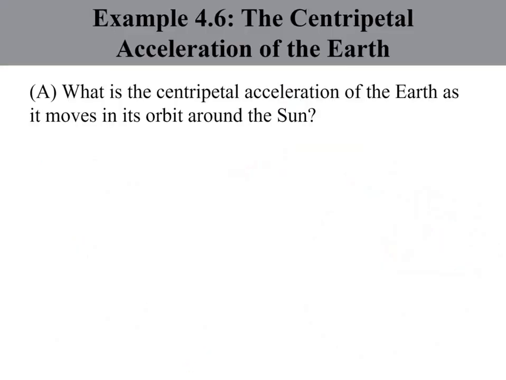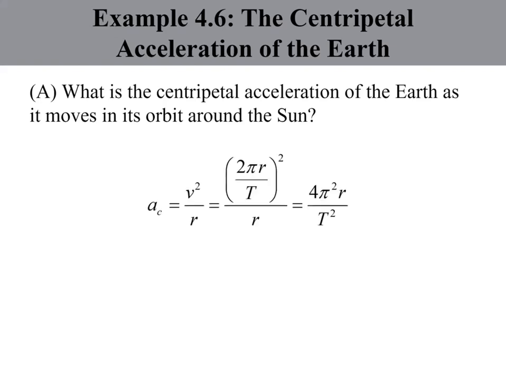Example 4.6, the centripetal acceleration of the Earth. What is the centripetal acceleration of the Earth as it moves in its orbit around the Sun? The question is asking for centripetal acceleration, which is equal to v square over r, and v is equal to 2 pi r over T, as we have defined just now.